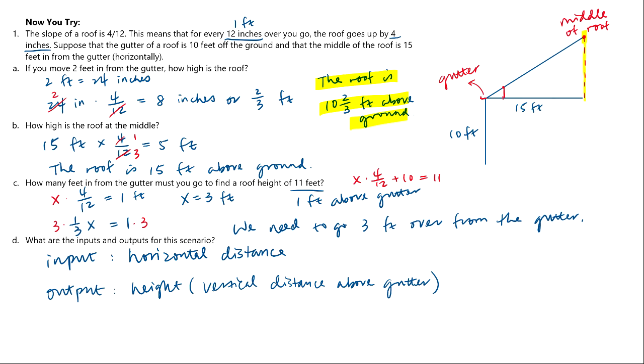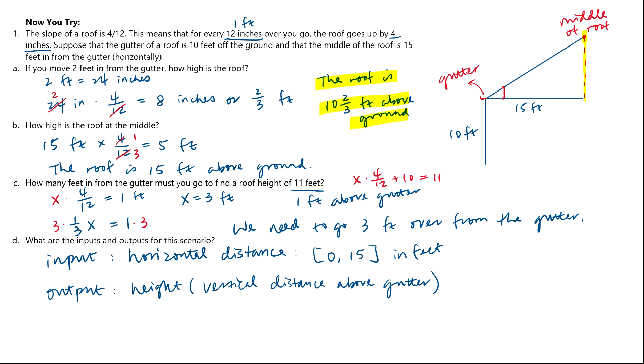So for the horizontal distance, because we're going to the middle of the roof and it keeps going higher, we can go anywhere from 0 all the way to 15 feet over. So we can say it's going to be 0 to 15 feet, and it could technically be inclusive. And now for the height that's above the gutter, we can start from 0 and go to the highest point, being 5 feet.